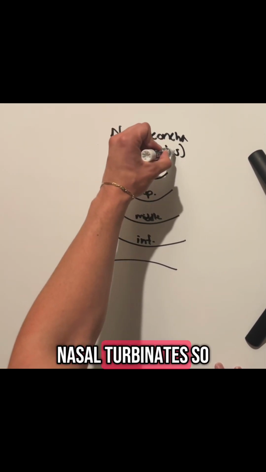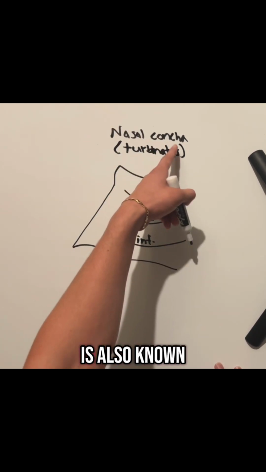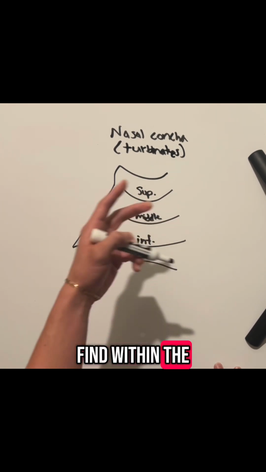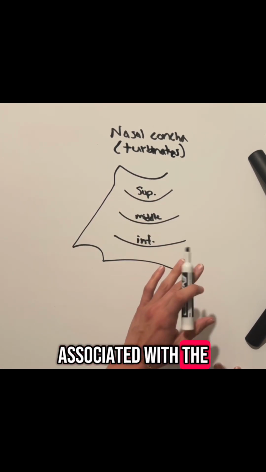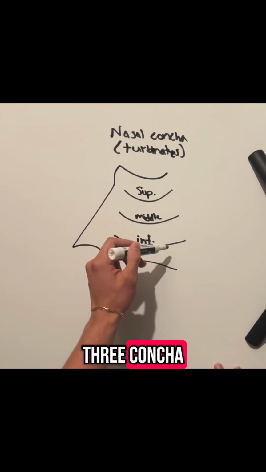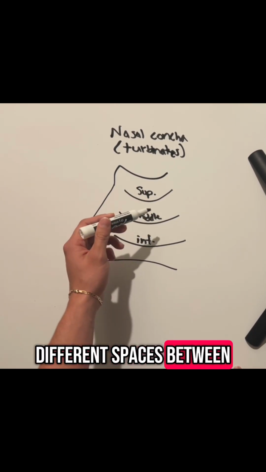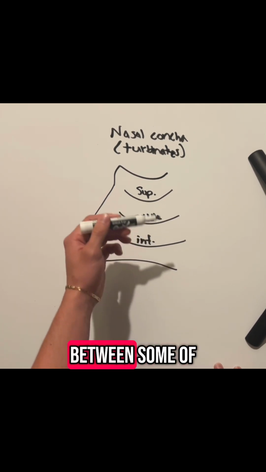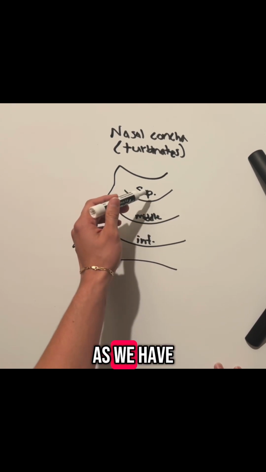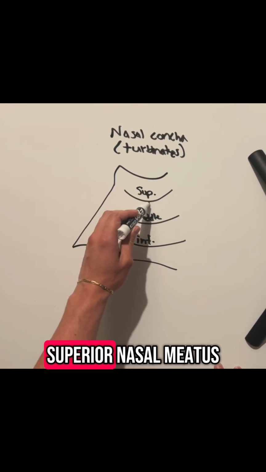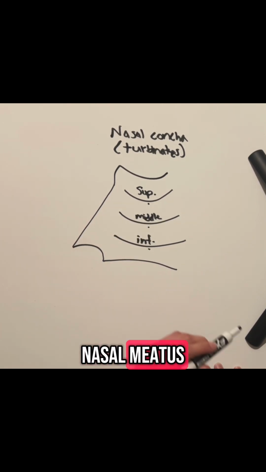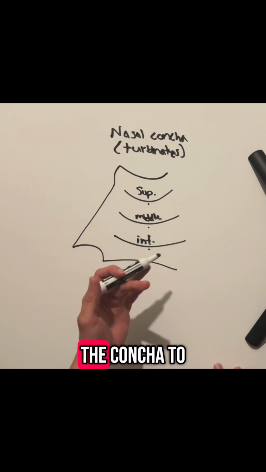These are structures that we find within the nasal cavity, and they are associated with the paranasal sinuses. Just as we have three concha, we have three different spaces below each concha. Just as we have a superior concha, we have a superior nasal meatus. We also have a middle nasal meatus and an inferior nasal meatus. This is kind of like the space underneath the concha.